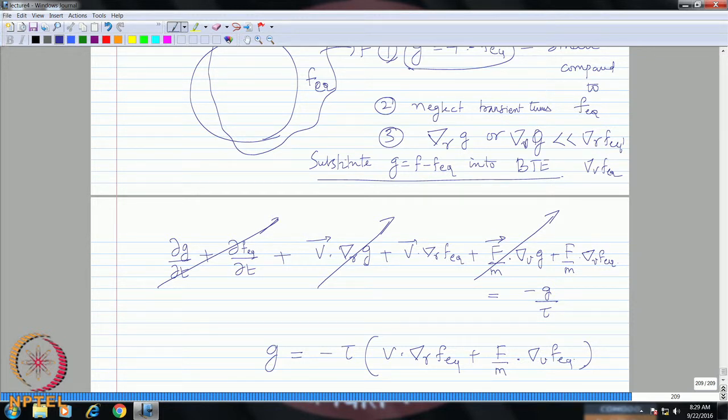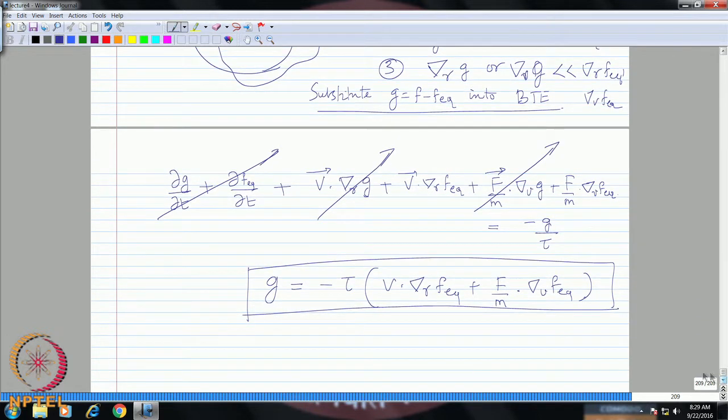So, this is your expression for the deviation function, and now depending on the scenario you can rewrite this as, for example, f minus f equilibrium.